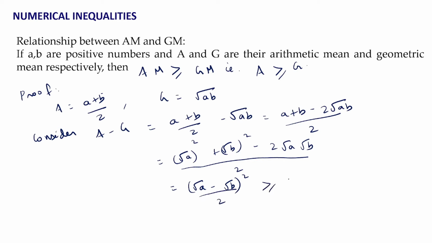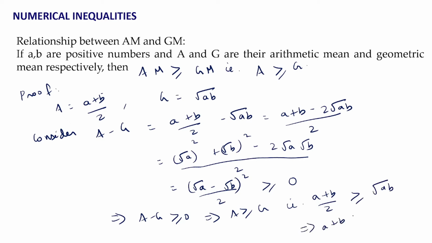Now we know that this is always greater than or equal to 0. This is a non-negative quantity. So from here we see that A minus G is greater than or equal to 0, or A is greater than or equal to G. That is, (A plus B) by 2 is greater than or equal to root of AB, or A plus B is greater than or equal to 2 root of AB.